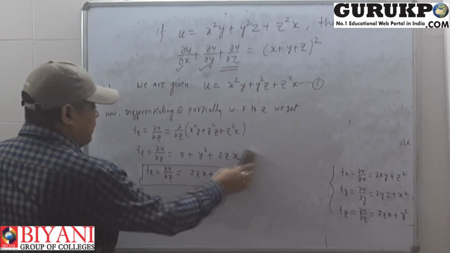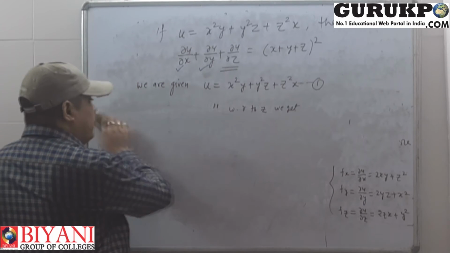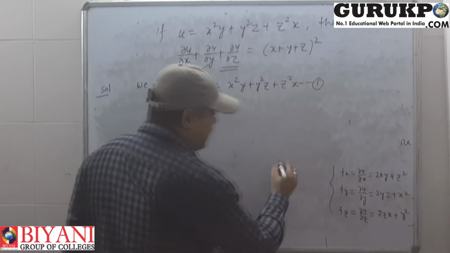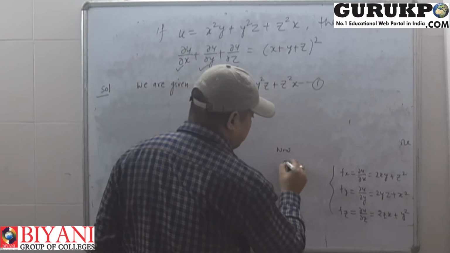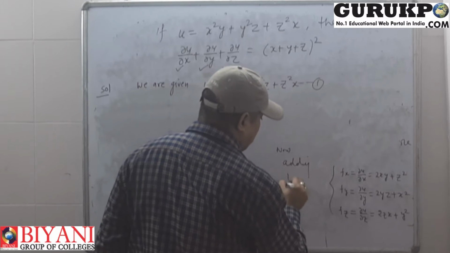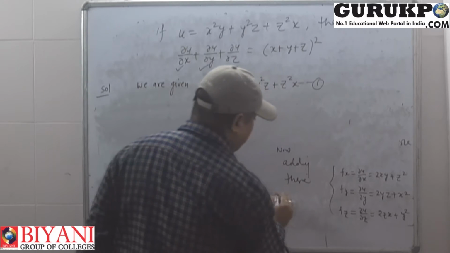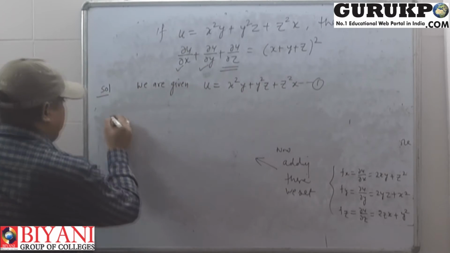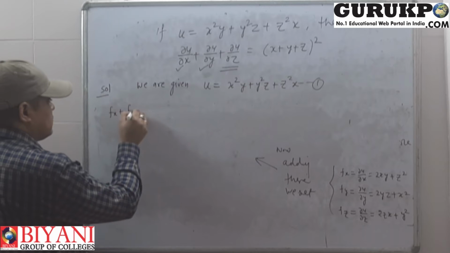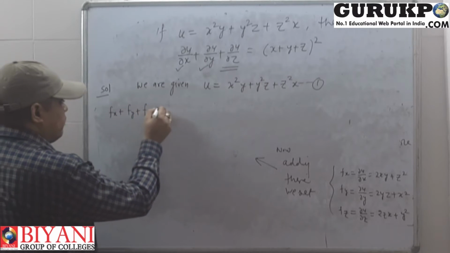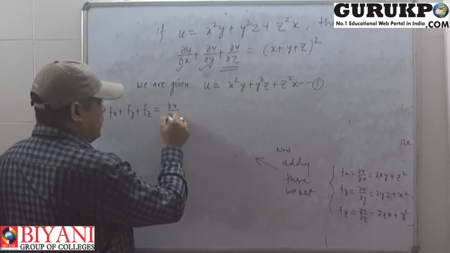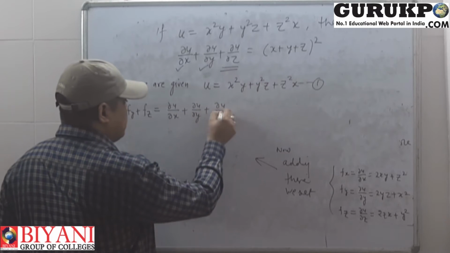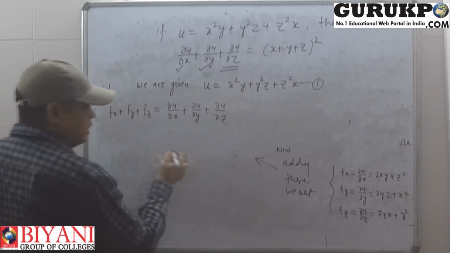Now what is remaining? We just have to add these relations. Adding these, what do we get? We get f of x plus f of y plus f of z, that is del u by del x plus del u by del y plus del u by del z. And what is this?